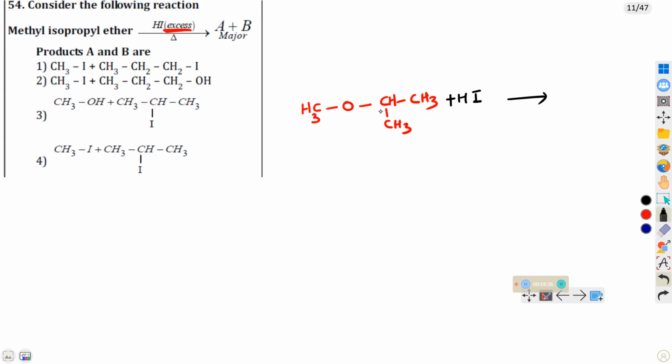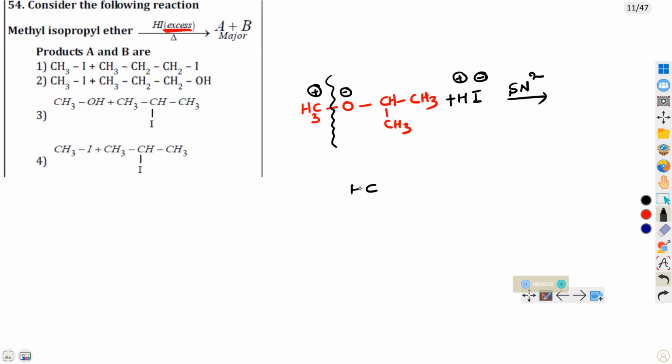The oxygen atom is not attached to a 3-degree carbon atom, so it follows the SN2 mechanism. If the oxygen atom is attached to a 3-degree carbon atom, then it follows the SN1 mechanism. Break the bond between oxygen and the less bulky alkyl group. Oxygen gets negative charge, CH3 gets positive charge, H plus, I minus.